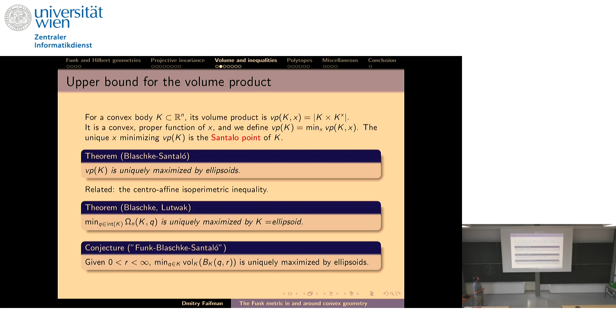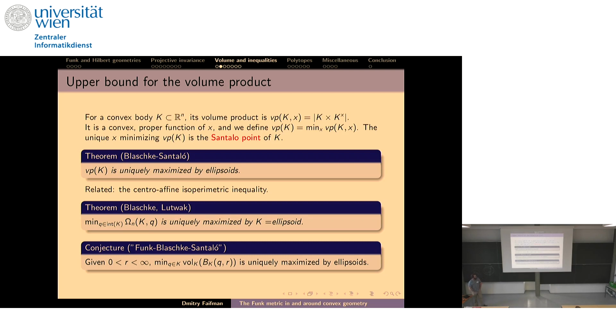And then we have also this other inequality, the center affine isoperimetric inequality, which says that if you look at this coefficient we had before, which appears for the volume of the ball of large radius, and you minimize that over all points in the interior, then this also is uniquely maximized by ellipsoids.